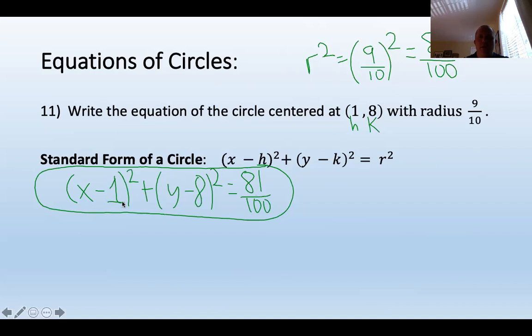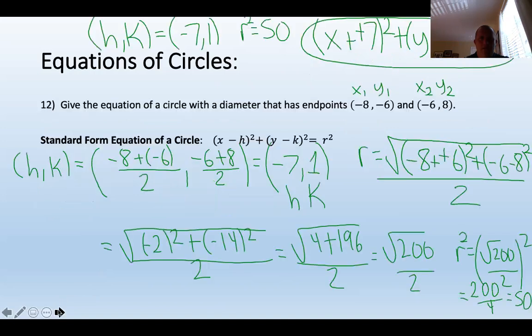And then 1 gets substituted in for h, and 8 gets substituted in for k, and you have (x minus 1) squared plus (y minus 8) squared equals 81 over 100.